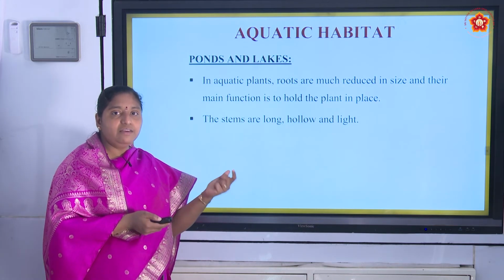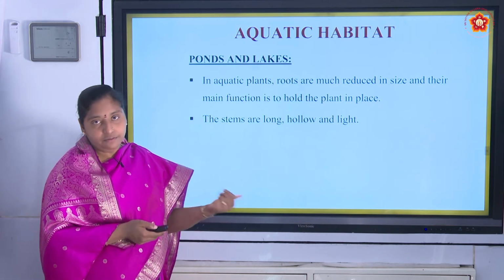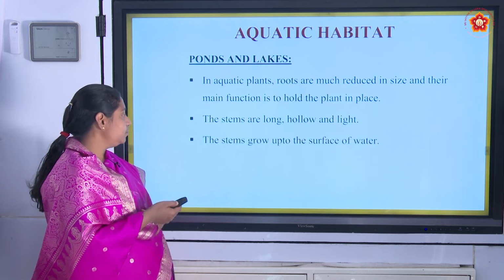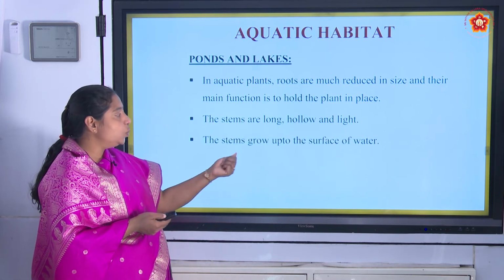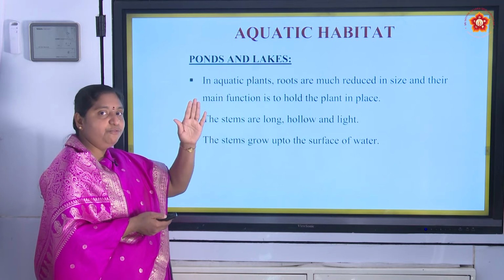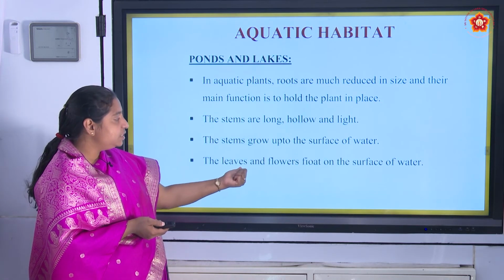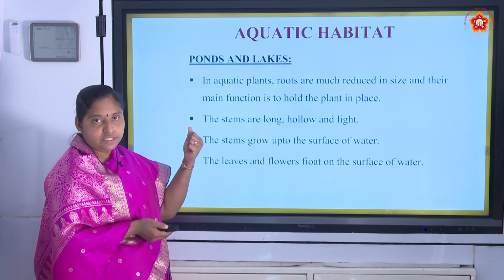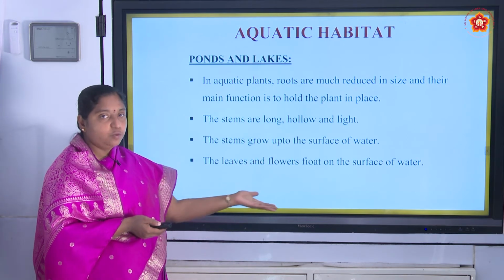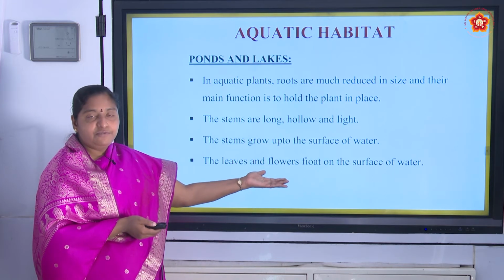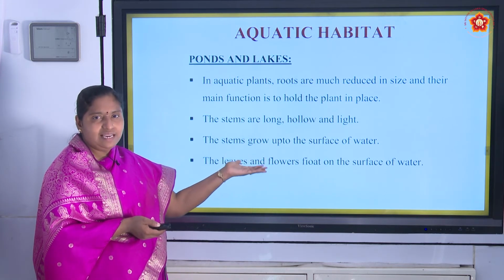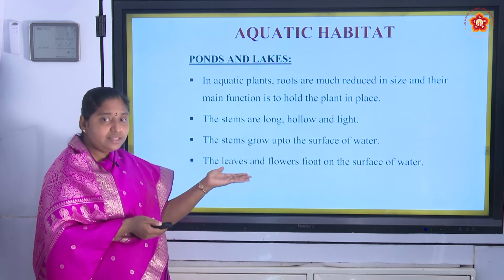If they are heavy, again they will submerge inside the water. The stems grow up to the surface of water. The leaves and flowers float on the surface of water. Just now I told, the leaves and the flowers are hollow and light in weight, so they float on the water.